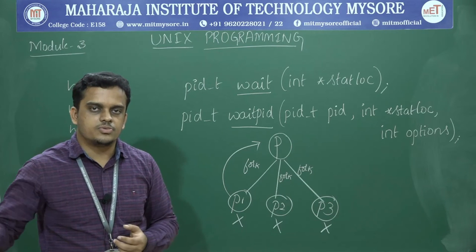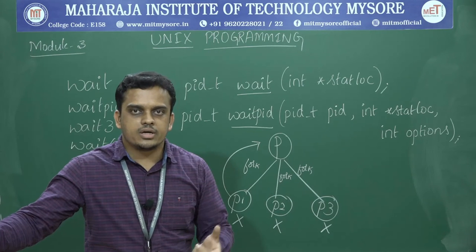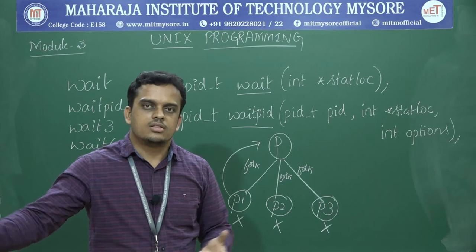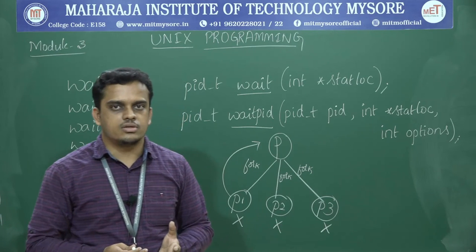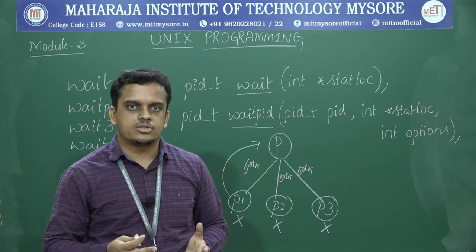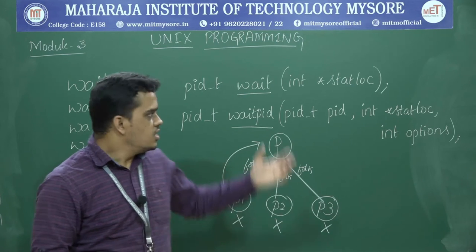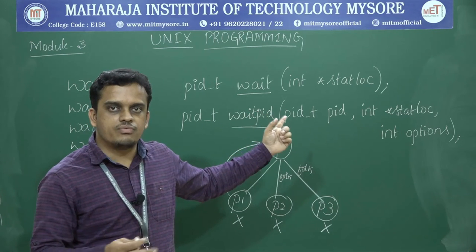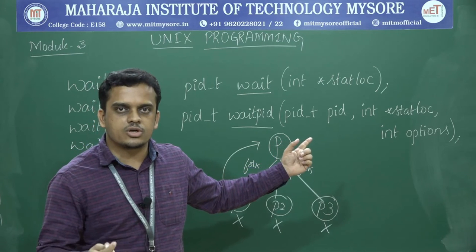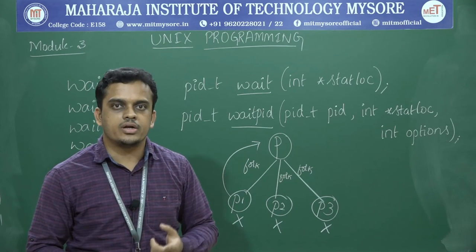So here you can observe there is no control on retrieving a particular terminated child process. Think about there being thousands of child processes. If I really want to retrieve the termination status of the 500th child process, I need to execute that wait function that many times, because there is no exclusive control on the wait function to retrieve the termination status of a particular process.